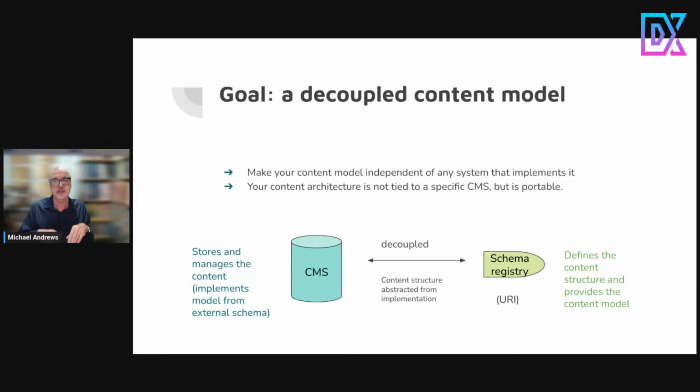And we can do this by developing what's called a schema registry. And this is something that you can access through a URI. Any touch point that needs to know what that content is, how it's defined, is able to access the schema registry through a URI and find that out.